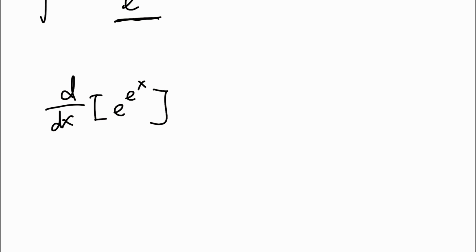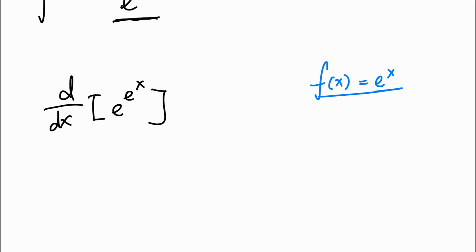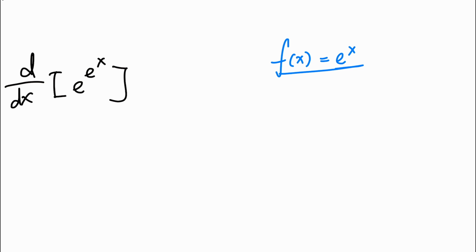As you can see, the chain rule is very, very helpful over here. If you can't see immediately what is the inside function and what is the outside function, we can define f of x as e to the x. Obviously, we're going to use this because we know the derivative of e to the x. But over here, we're actually going to construct a composite function, g of x, that is still e to the x.